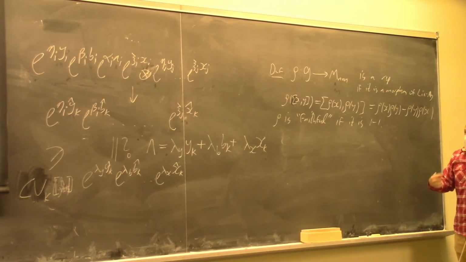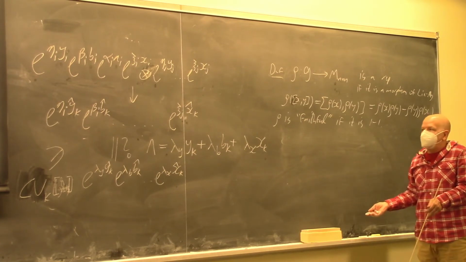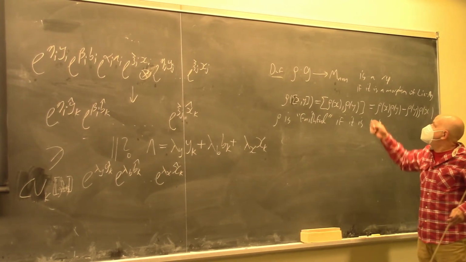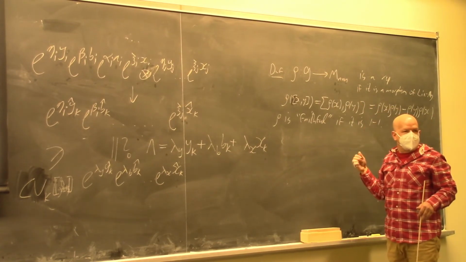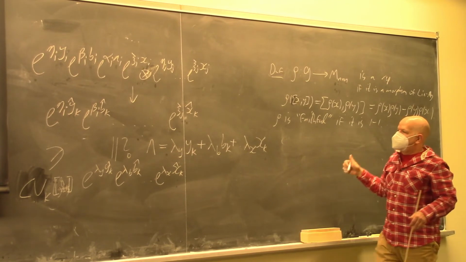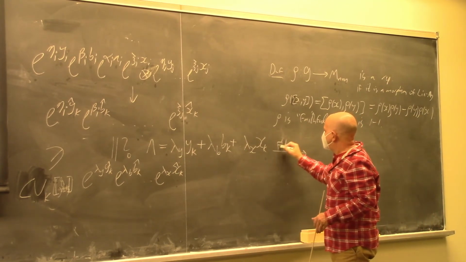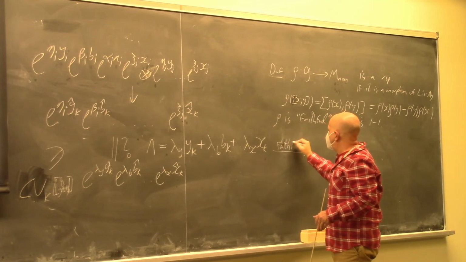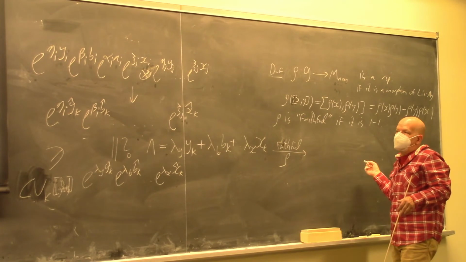So if you find a faithful representation and you want to check an identity, you just apply the faithful representation and check if the identity is happening in n by n matrices. Okay? So we apply a faithful rho, and then it's a check in the world of matrices.